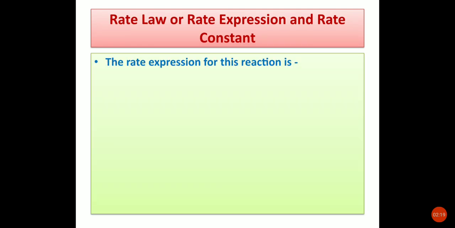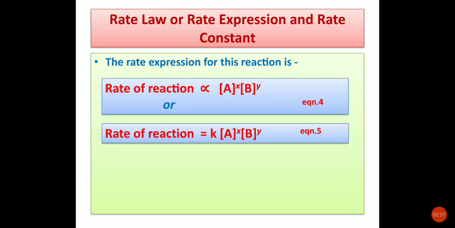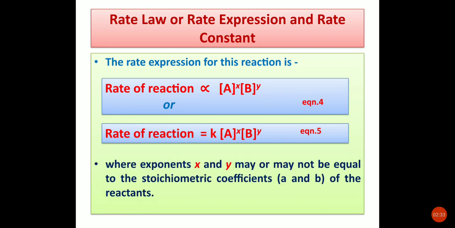The rate expression for this reaction is: rate of reaction is proportional to concentration of A raised to x, concentration of B raised to y, or rate of reaction is equal to k into concentration of A raised to x, concentration of B raised to y, where exponents x and y may or may not be equal to the stoichiometric coefficients a and b of the reactants.